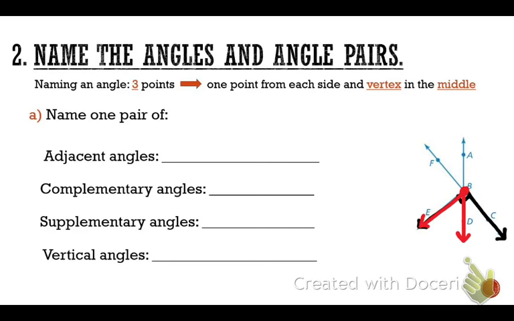The one I just did in the red, write this down. Angle EBD. That is complementary to this other one right here. This is DBC. So you're just going to put a little comma, angle DBC.